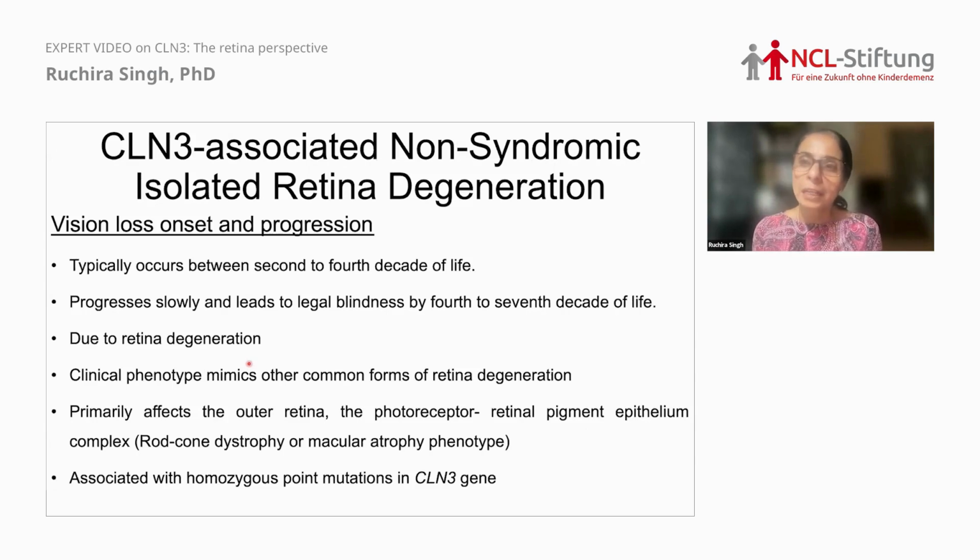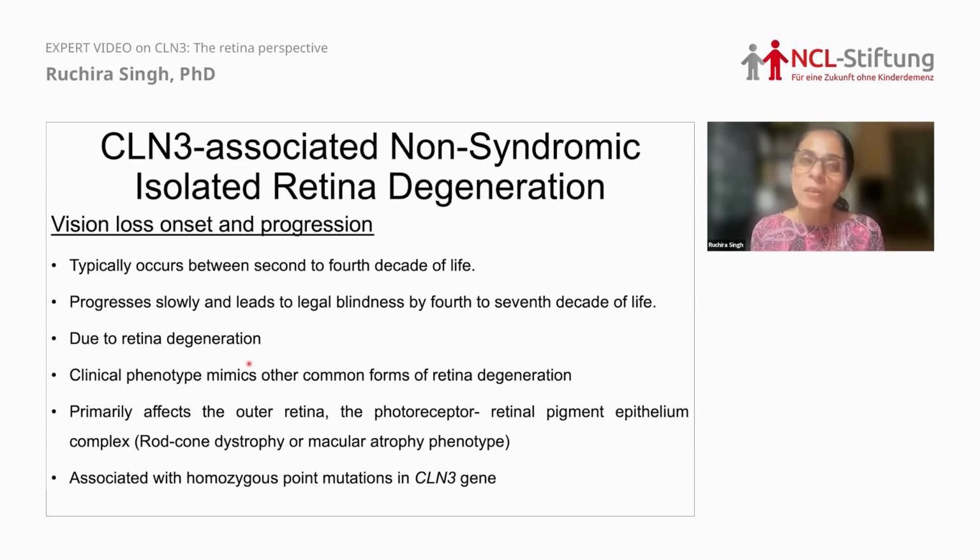And then there is another form of vision loss associated with CLN3 mutations, and that is the non-syndromic isolated retina degeneration. A subset of patients that have mutations in the CLN3 gene develop an isolated retina degeneration phenotype, and this is the non-syndromic form of the disease.